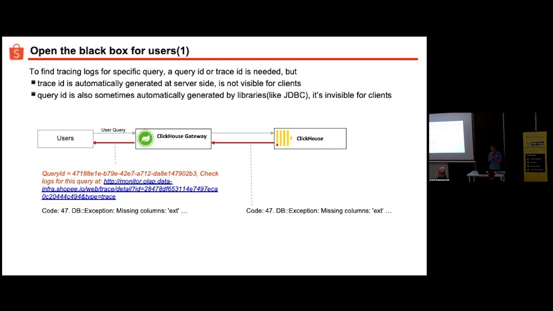So the user will receive the whole error message. Whatever the client and the user use, they will receive such error messages. So then the user knows what the query ID is and where the link is, then he can check the logs.